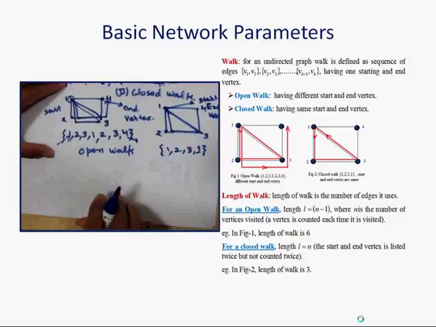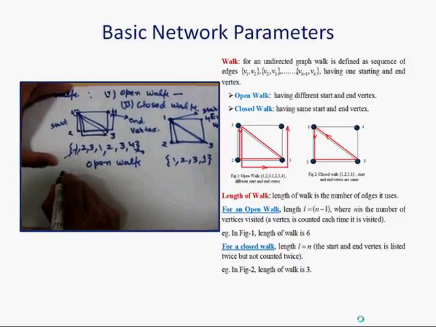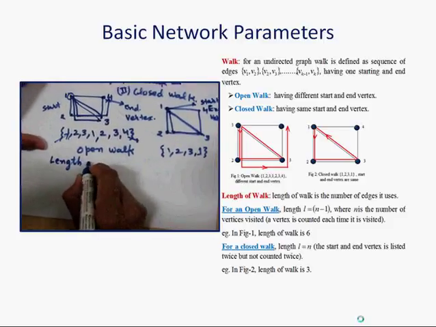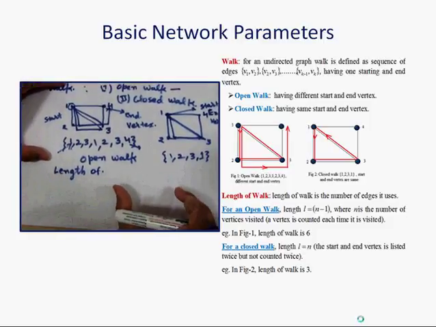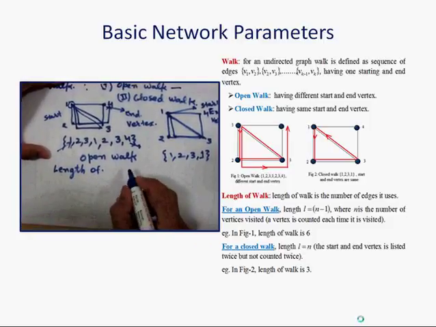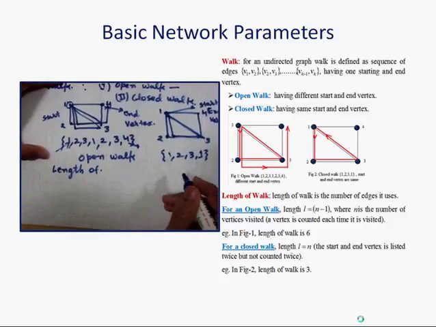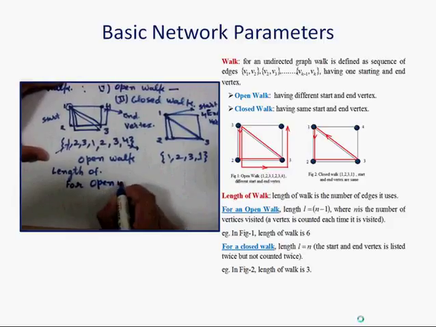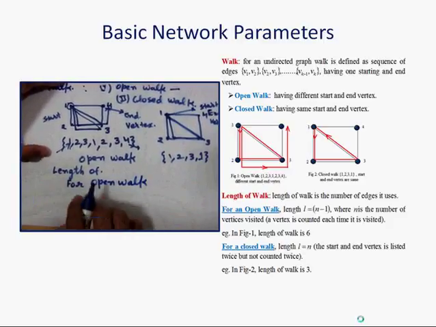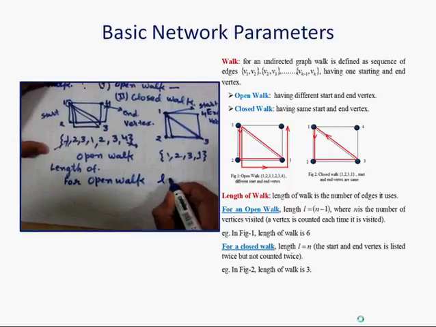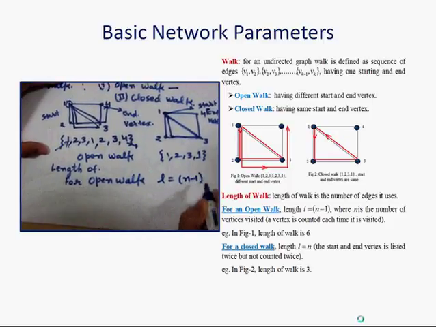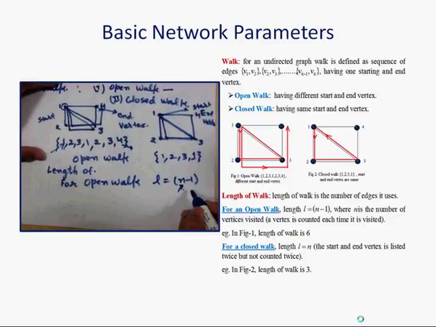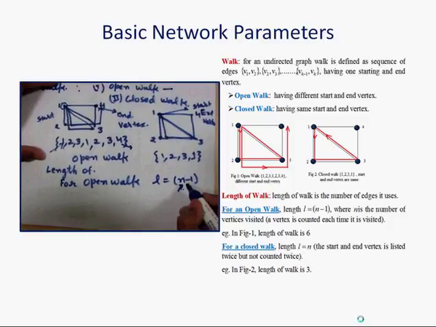Now the other thing is length of walk. Length of a walk is generally represented by the number of edges it uses. For example, for an open walk, the length L will be n minus 1, where n is the number of vertices visited. Here a vertex is counted every time it is visited.